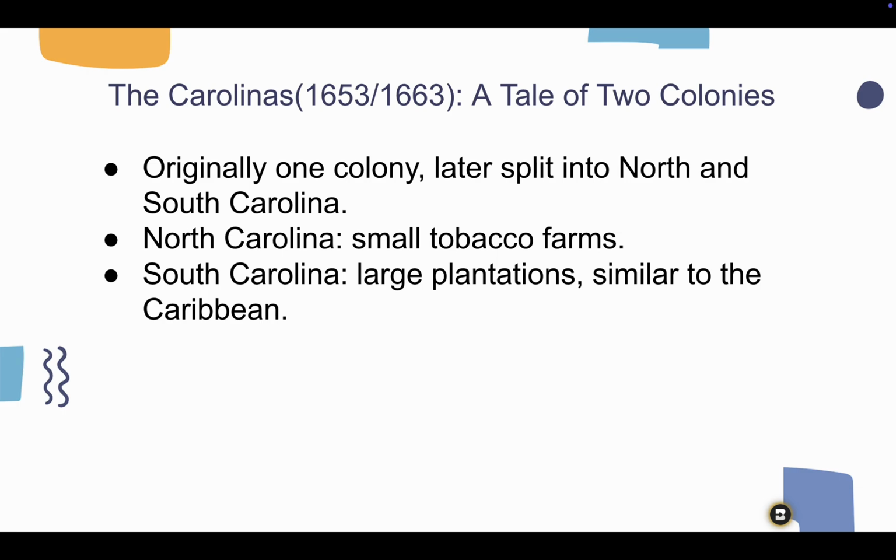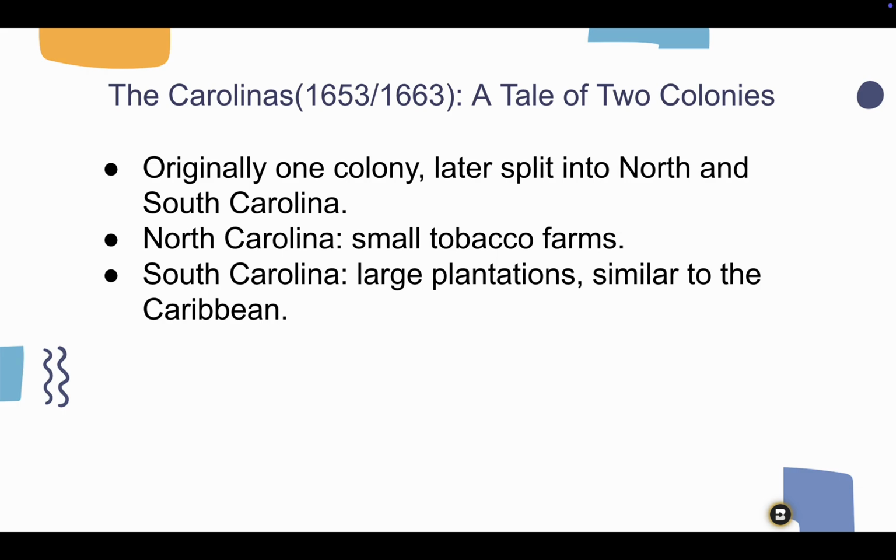In South Carolina, you have these much larger plantations, tobacco, rice, and other things that are going to lead to more slavery, almost to the point where at the start of the Civil War in 1861, you actually have more slaves than free white people in South Carolina.